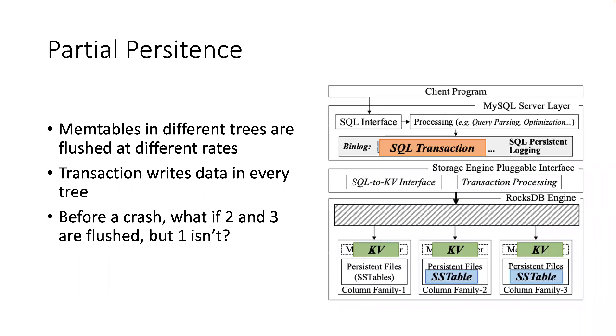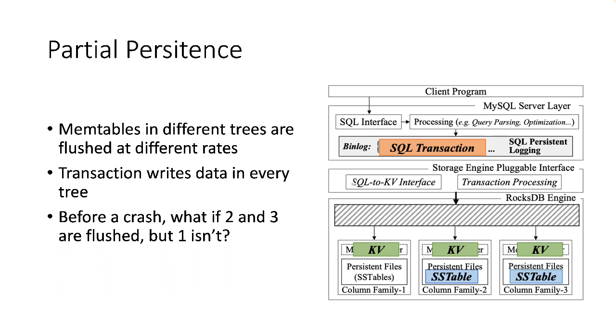The second issue is called partial persistence, and it applies if we have several column families or several trees in the same database at the bottom. For example, in the picture, we have three column families, which we can just refer to as three LSM trees. And at the top, we have some transaction from the SQL layer that involves all three column families, so KV pairs in all three families.